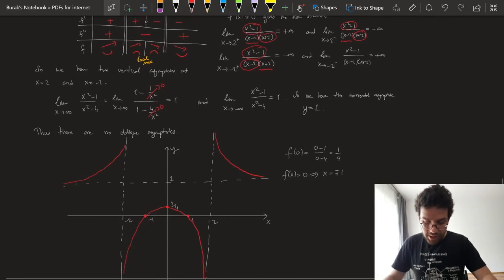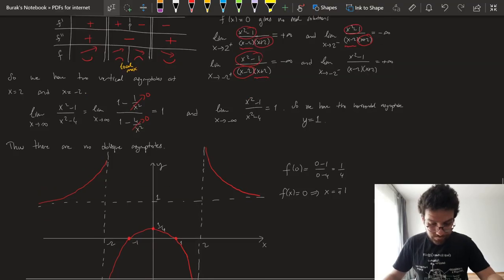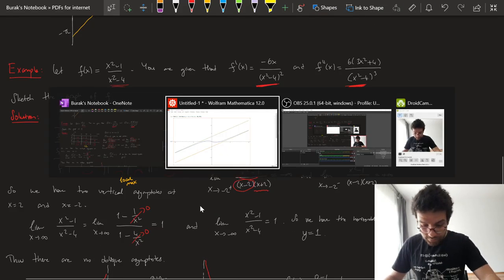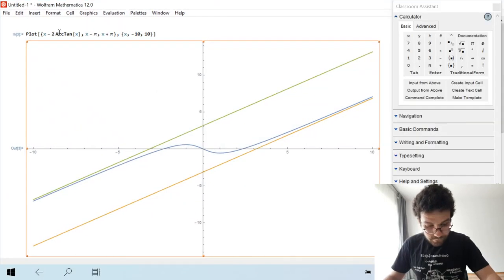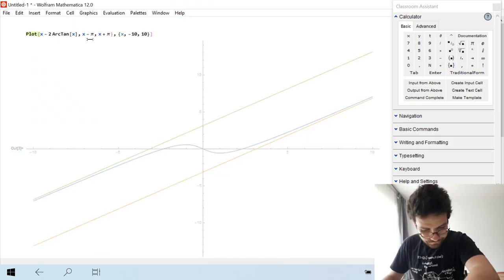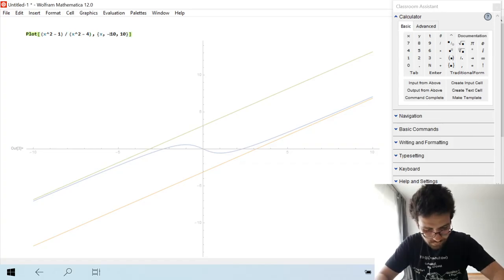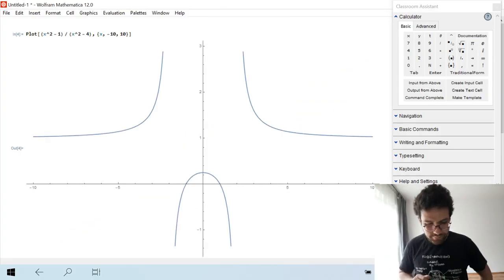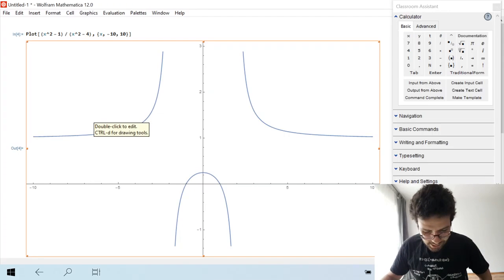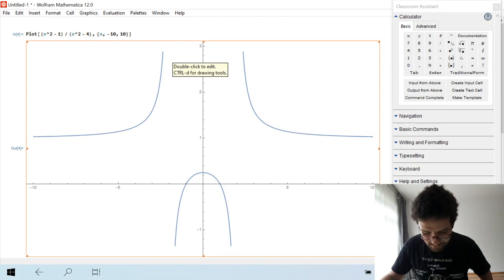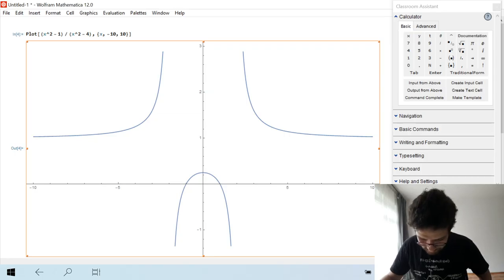Now let me show you a better drawn graph on Mathematica. Okay, so you see the vertical asymptotes here, this is 2, this is minus 2.